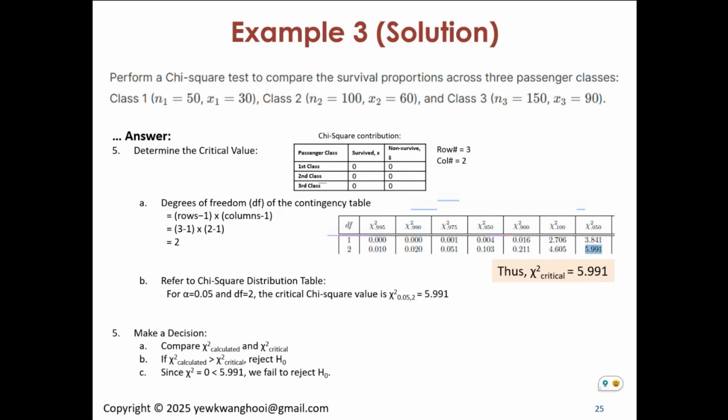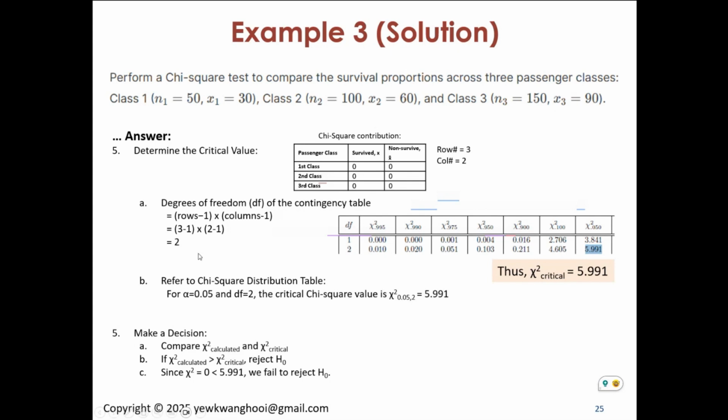So how do we do that? First, we need to acquire the degree of freedom. The formula to determine the degree of freedom is rows minus 1 multiplied by columns minus 1. We refer to the chi-square contribution table, which has 3 rows and 2 columns. So 3 minus 1, we get 2. 2 minus 1, we get 1. Multiply, eventually we get 2. So the degree of freedom is 2.